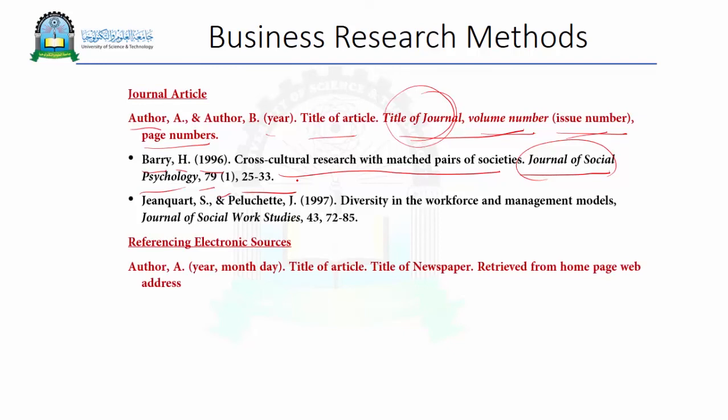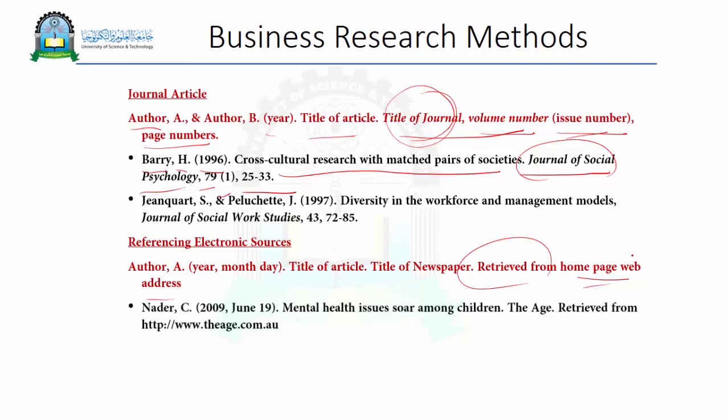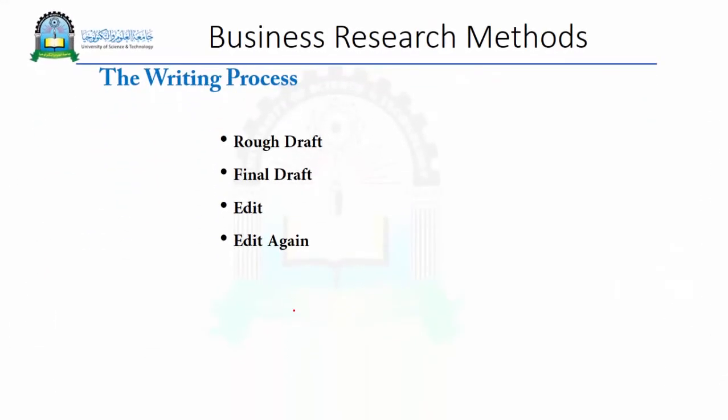If it's an electronic source, sometimes you need to put the home page address or the location and write retrieved from this website or that website. Sometimes you put the date of retrieval here.